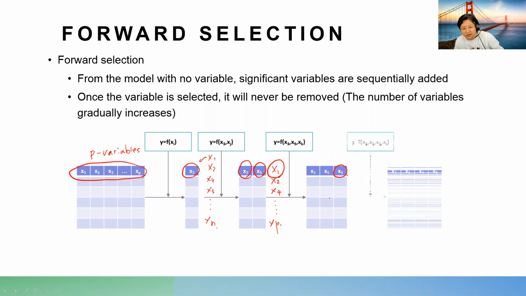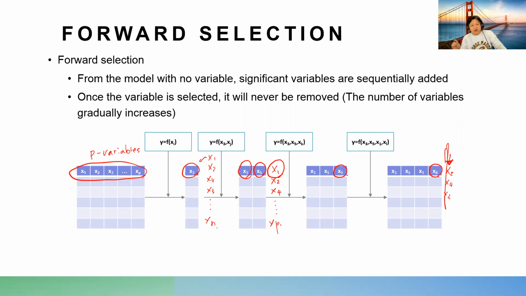Okay, and then do it again, and x8. Okay, and then if we test more, 4 and 5, and if anything doesn't improve our prediction model performance, then we stop. Okay, so this is forward selection.